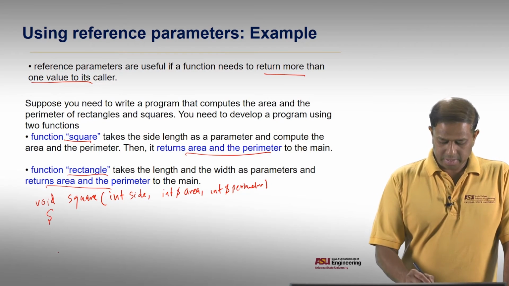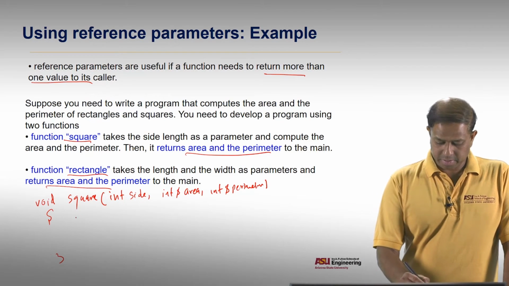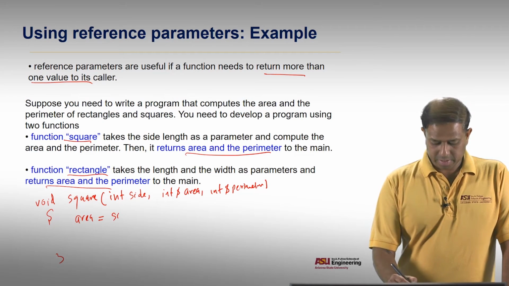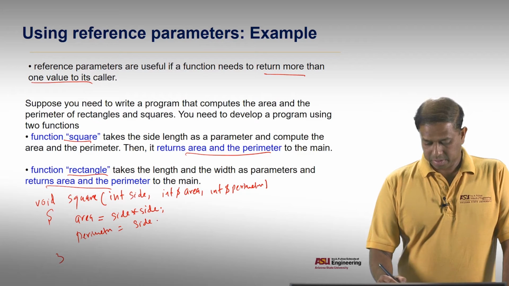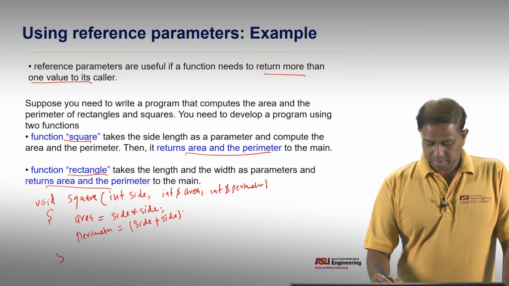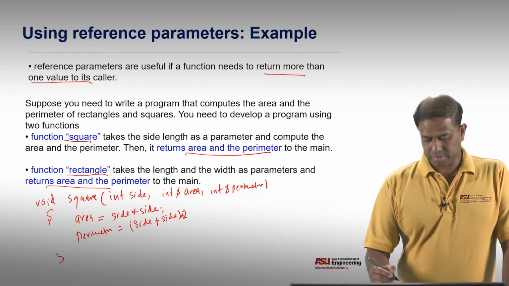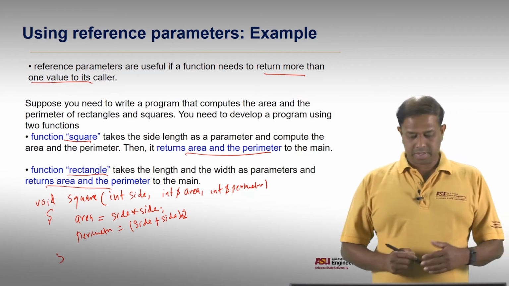Now inside this we are going to change the area: area equals side times side, and perimeter equals side plus side, multiplied by 2. Okay, so that will give us the perimeter.